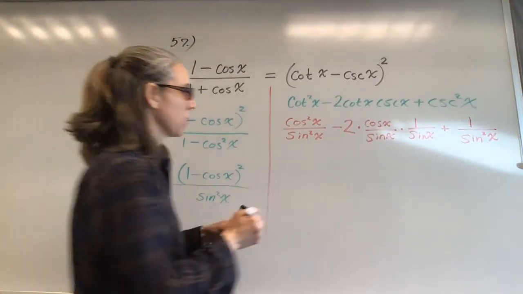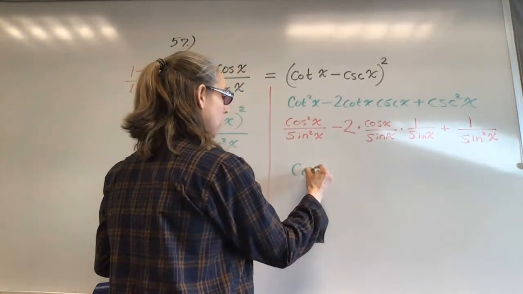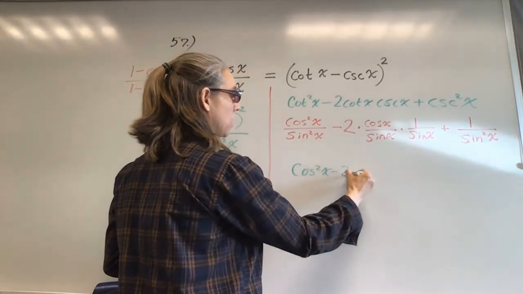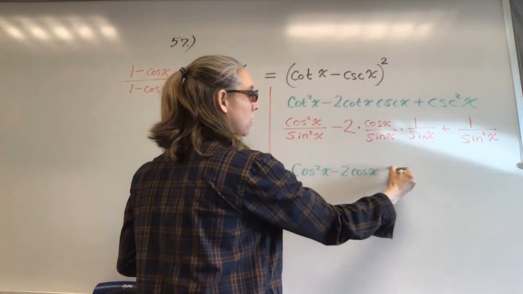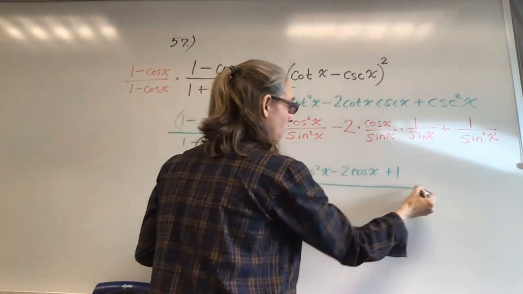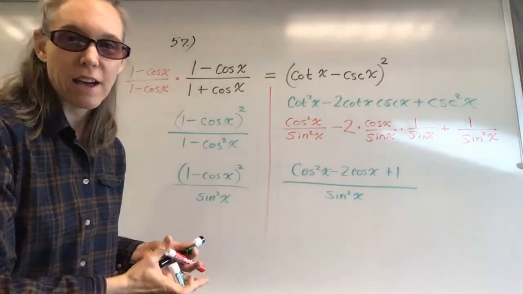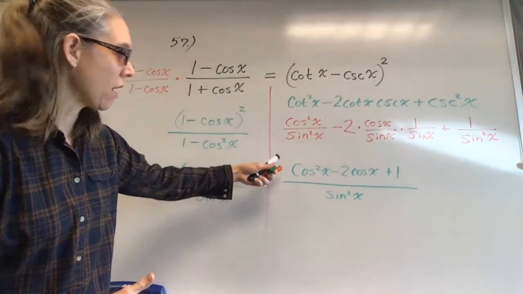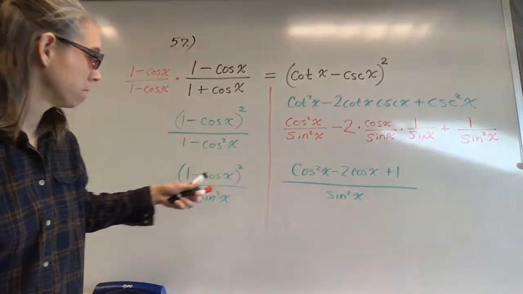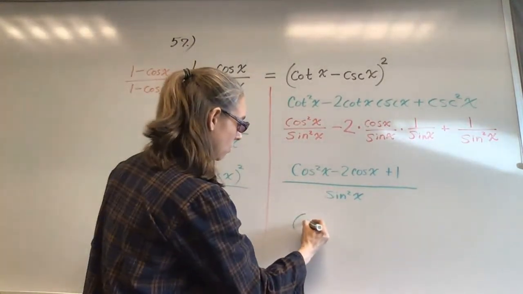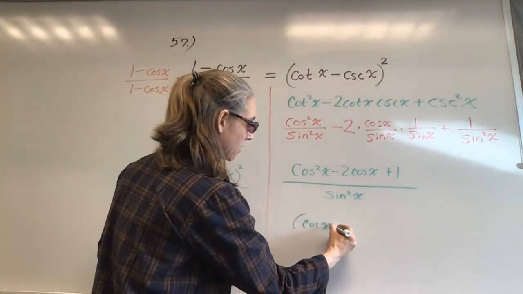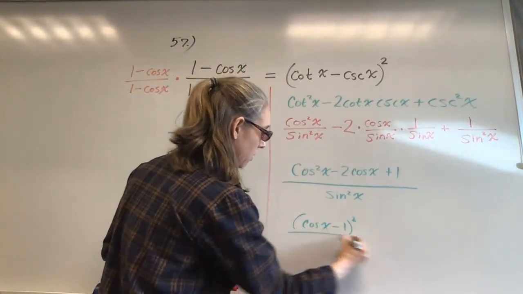So now I want to rewrite this as cosine squared x minus 2 cosine x plus 1 over sine squared x. And then I had this aha moment of, wow, that can be factored into cosine x minus 1 quantity squared.